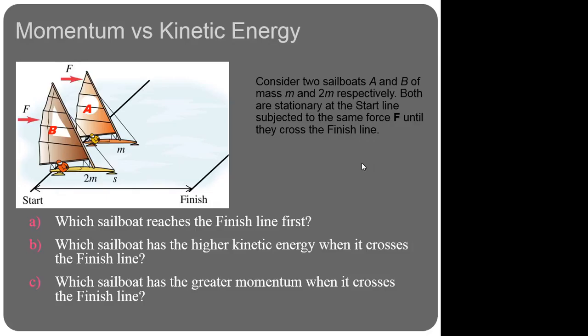But because the masses are different, the velocities will be different. So which sailboat will have the greater momentum when it crosses the finishing line? What do you think? You can make a calculation of the v, you multiply back with the m.